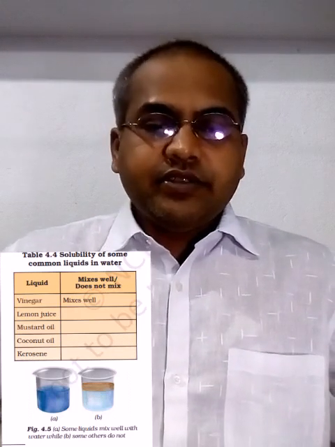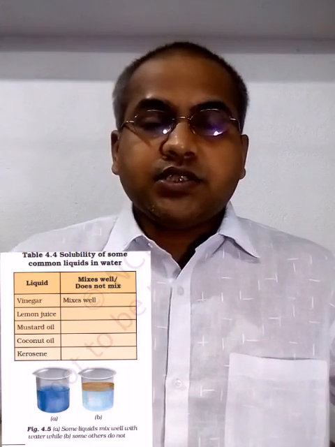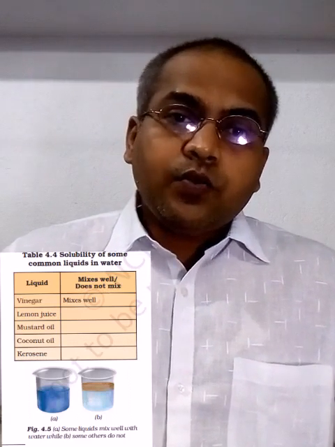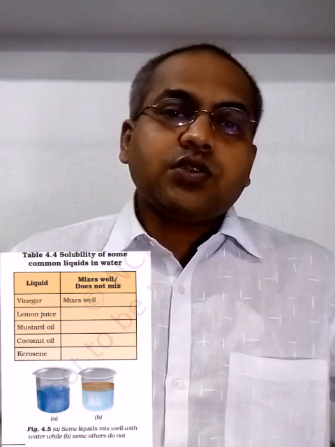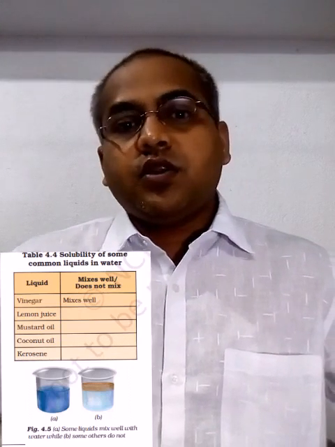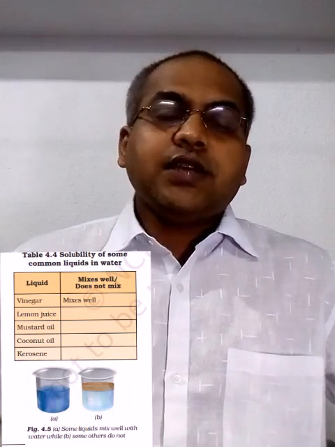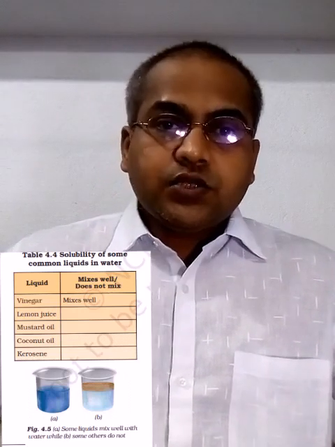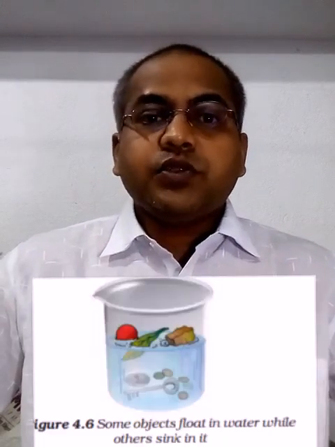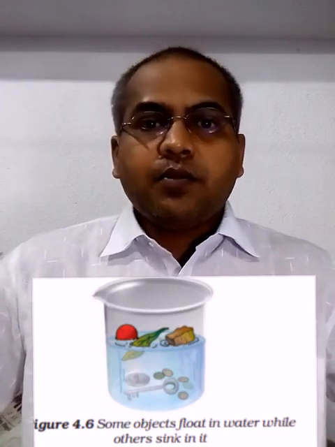So these two activities tell us that there are some substances which are soluble in water and some which are not soluble in water. There are some liquids which are soluble in water and there are some liquids which are not soluble in water. If we take the example of gases, there are some gases which are able to mix with water, and there are some gases which will not, like oxygen and carbon dioxide.